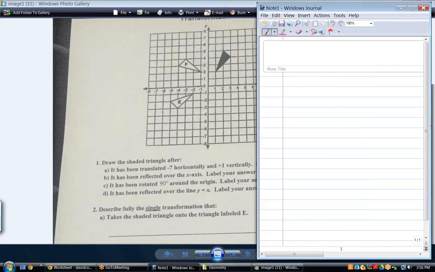Sounds like you have it all memorized down pretty good. Let's make sure that you know what we mean when we rotate it. The way we're going to do it is we're going to take any of the vertexes, but I'll take that one. I'm going to connect it to the origin with a straight line, and then I'm going to rotate that counterclockwise, so that straight line is now at a right angle to my other straight line.